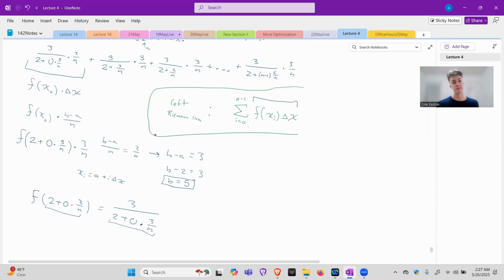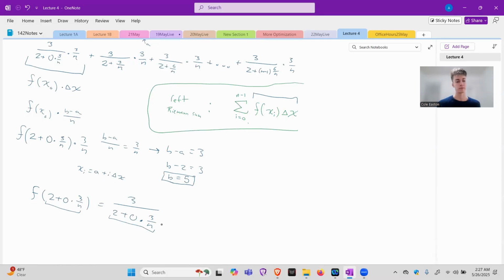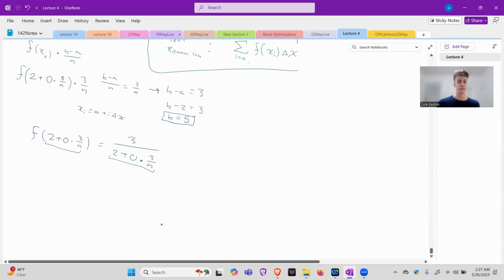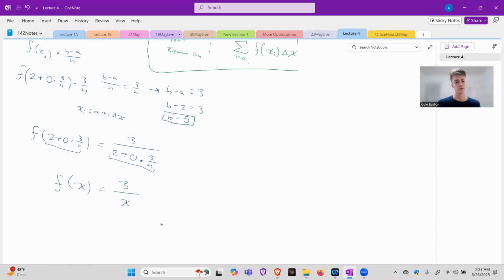What is my f that I'm plugging that 2 plus 0 times 3 over n into? If we look at it for a second, I think we can see that f of x equals 3 over x, right? Whatever we had in the function became the denominator of a fraction whose numerator is 3.